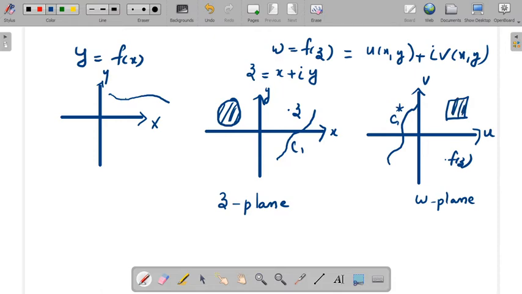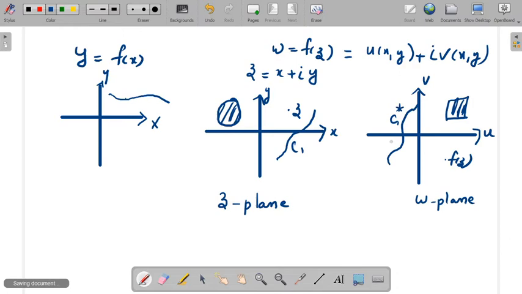So like this, you can speak about the image of points, image of curves, image of regions under the map w equal to f of z, but you will not be able to plot the function w equal to f of z as a graph, because to plot a complex function we need 4 perpendicular axes to plot the values of the 4 variables x, y, u and v, which is impossible in a plane.